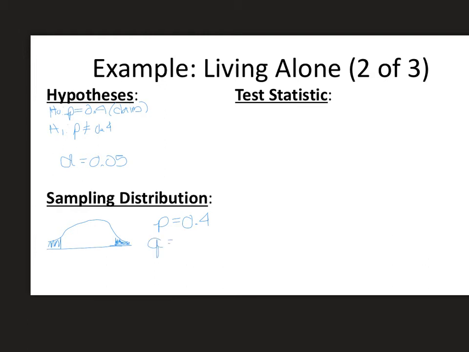Q is 1 minus P, so that's 0.6. P hat is 225 out of 512, and our N, of course, is 512.